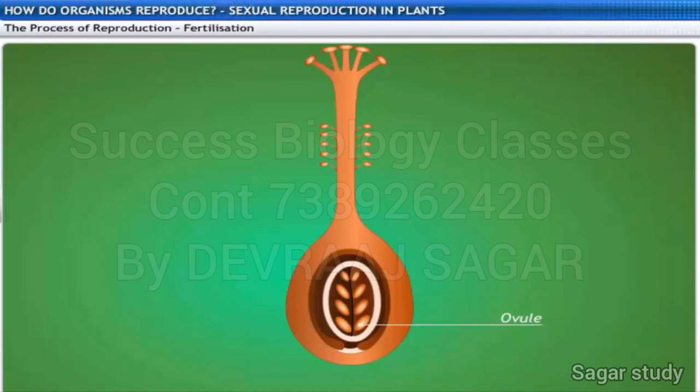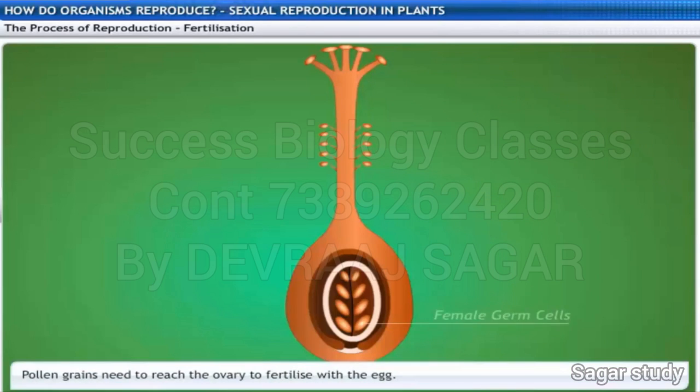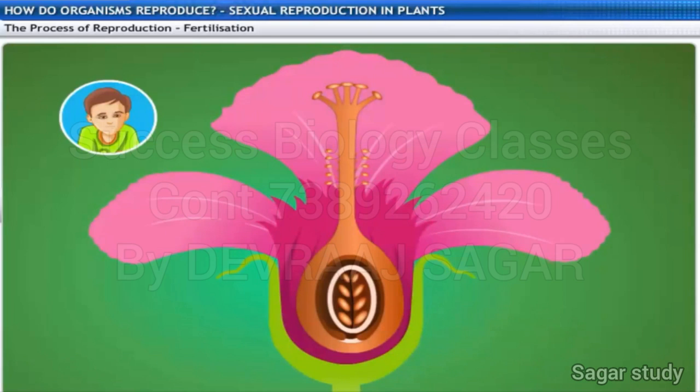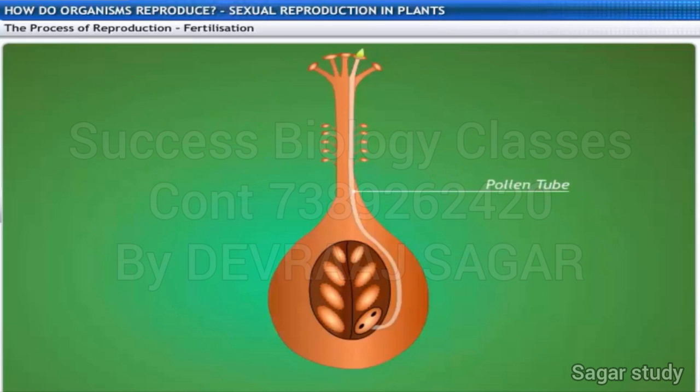The ovary contains ovules, and each ovule has an egg cell. Now that the stigma of the hibiscus flower has received pollen grains, these grains have to reach the female germ cells which are in the ovary. So, do the pollen grains just fall through the style to reach the ovary? Not quite.